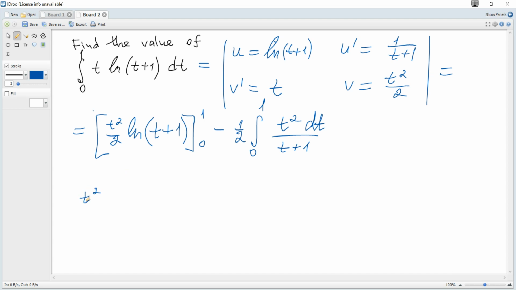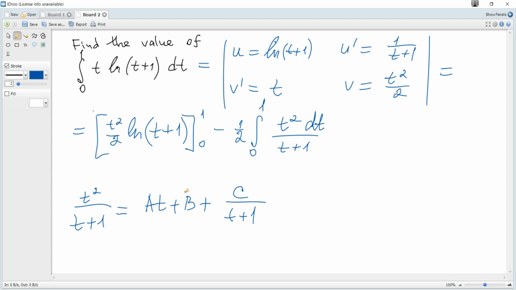We can see that there is a polynomial of degree 2 in the numerator, and a polynomial of degree 1 in the denominator. We just consider the greatest powers of t. Hence 2 divided by 1 is 1, hence it's a polynomial of degree 1, at plus b, plus possible fractions. Since there is only one factor in the denominator, it's c over t plus 1.